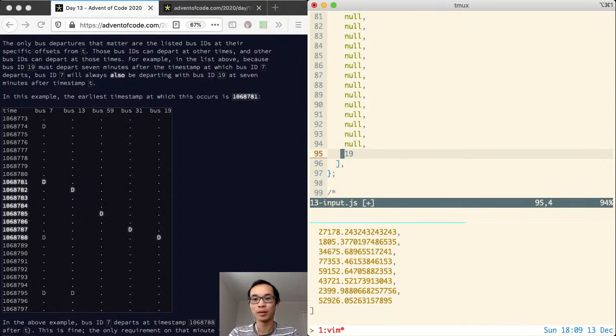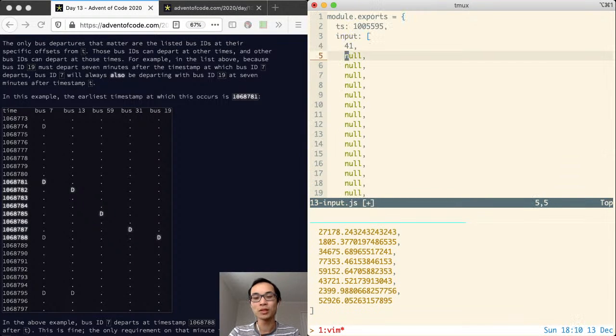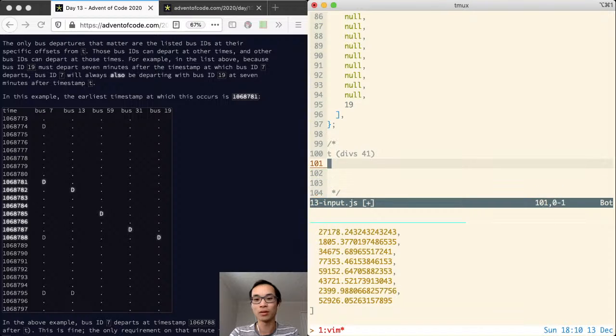Here we go. So this is on line 4, so 4 is 0, right? So minus 4, line number minus 4. So T plus 35 has to divide 37.